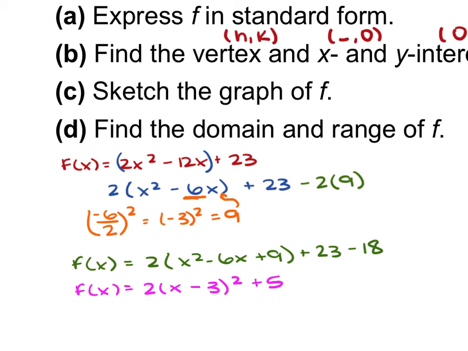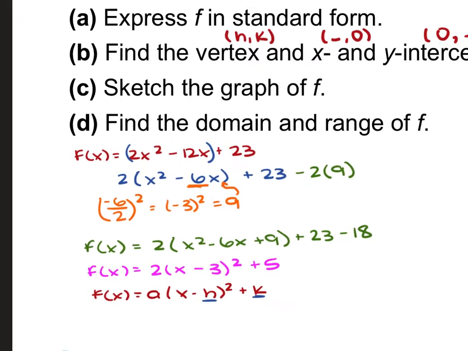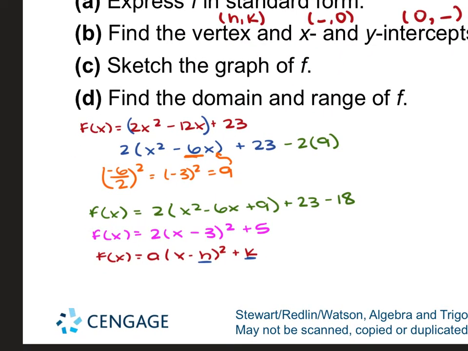So from here, I'm in the form of a times x minus h squared plus k. Remember, my h and my k give me my vertex. So my vertex here, opposite of the sign in front of the 3, so instead of a negative 3, it's going to be positive 3. And then that plus 5 is my y value. So my vertex here is the ordered pair 3, 5.